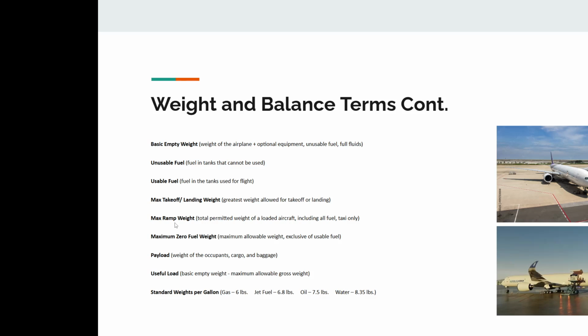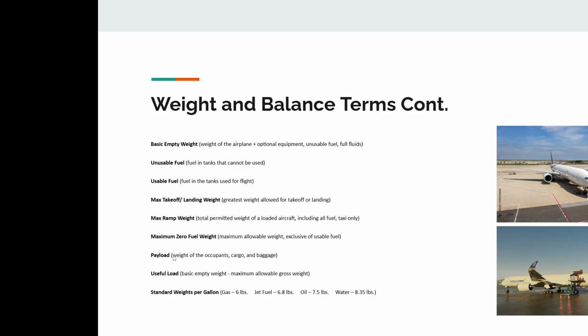This weight is only for taxi. And you have maximum zero fuel weight. This is the maximum allowable weight that essentially excludes usable fuel. So everything else, passengers, baggage, anything, but no fuel included. And then you have the payload, which is the weight of the occupants, as I mentioned, the cargo and any kind of baggage.